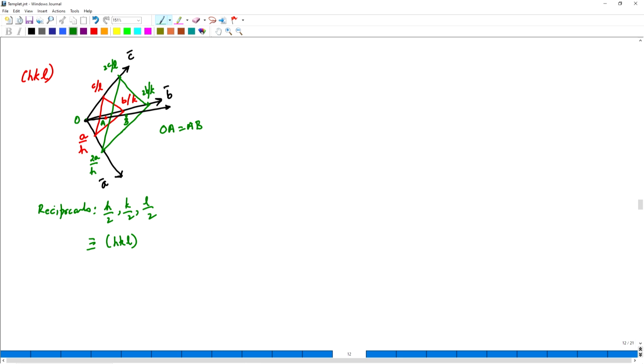This distance between the planes, the perpendicular distance between the planes, is what is called the interplanar spacing, with the symbol I am using, D HKL, which means this is the interplanar spacing of the HKL planes.